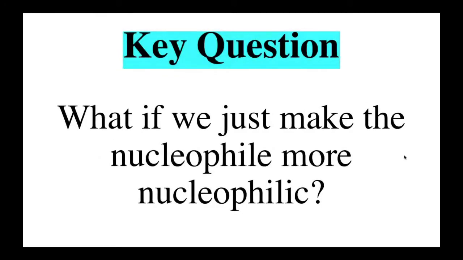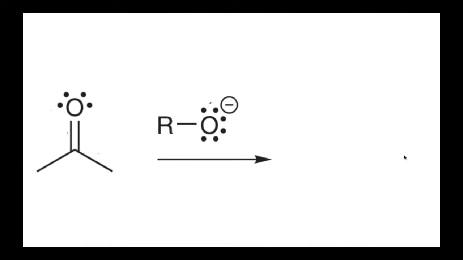So what if, to keep our carbonyl group from reforming, we just use a nucleophile that is more nucleophilic? Instead of using an alcohol, what if I just use a stronger nucleophile? Let's try that, students. Can you all recognize what kind of substrate this is that's going to attack? Is this still an alcohol?